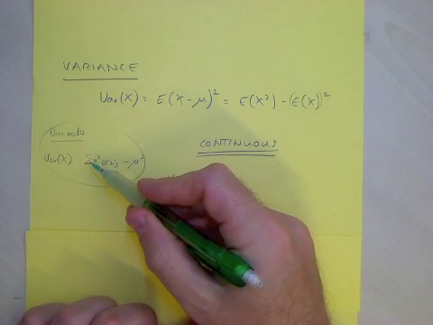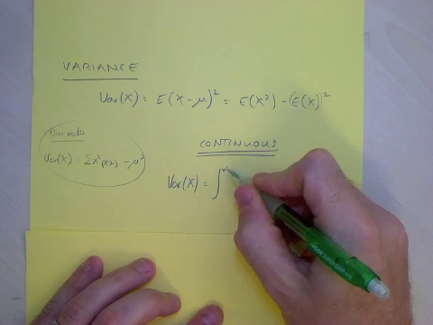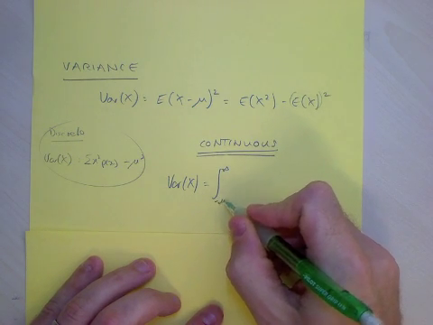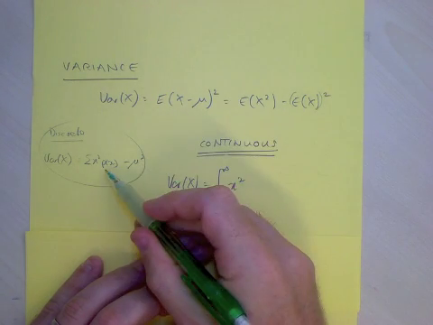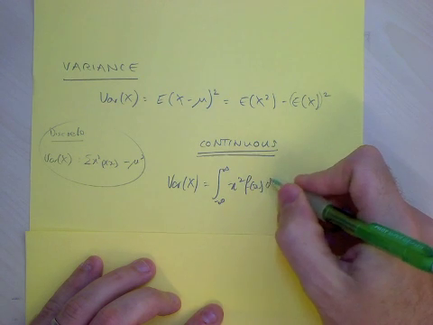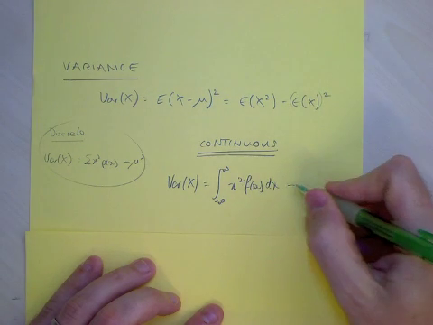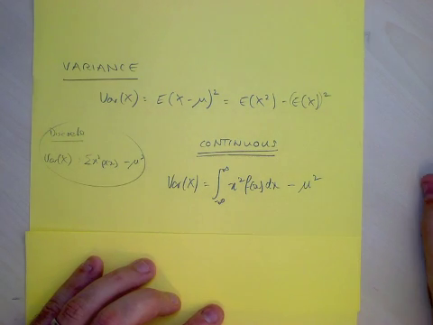Instead of the sum of a discrete number of things, I'm going to integrate over the interval infinity to minus infinity. The x squared, instead of the probability function, has the probability density function with respect to x, and then subtract the mean squared. So this is the corresponding result for the variance of a continuous random variable.